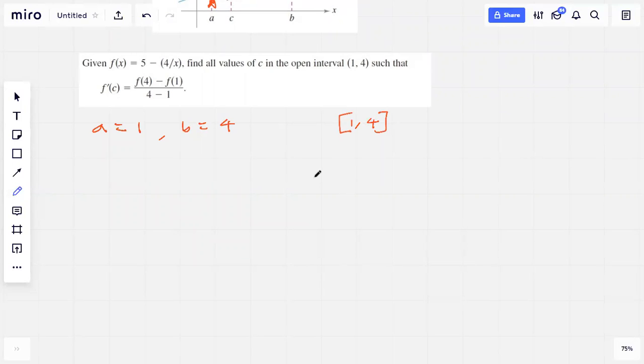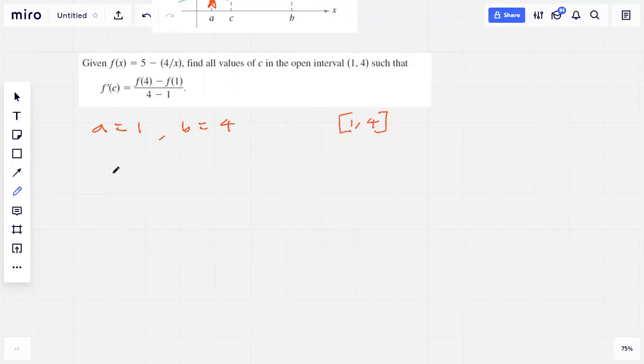There is no discontinuity over [1, 4]. The only discontinuity for the function is x equals 0. Okay, so 0 is not inside of the interval [1, 4]. So the conditions of the mean value theorem are satisfied. Okay, now let us explore the values of c.